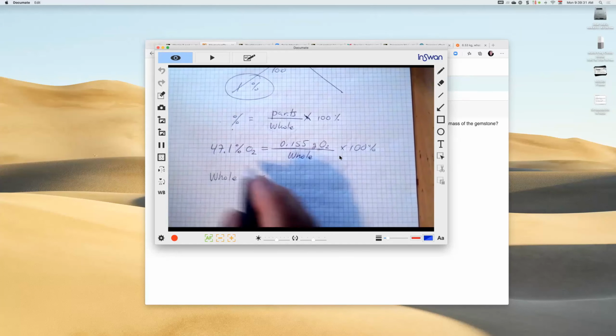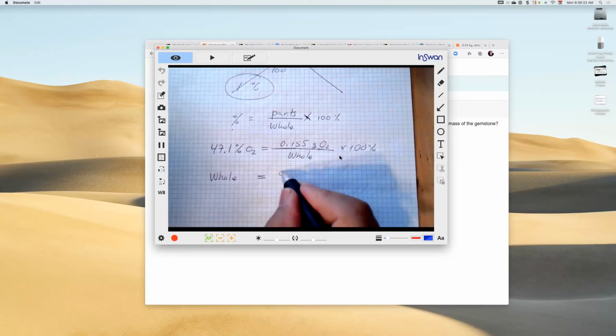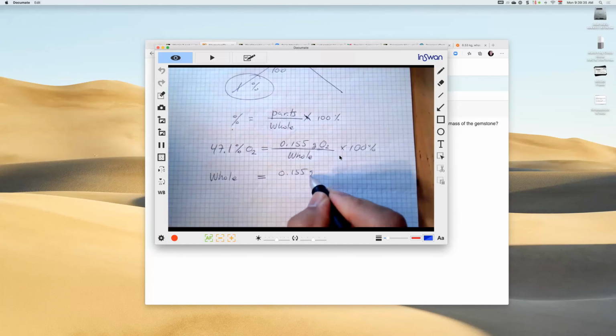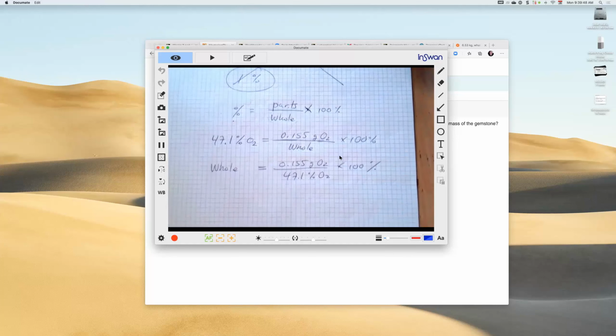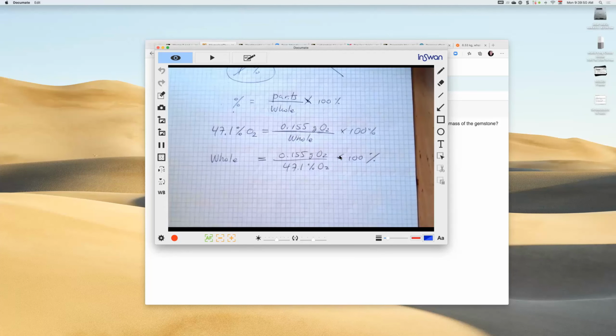So it becomes something like this. Whole equals 0.155 grams of oxygen divided by 47.1% oxygen times 100%. So that's my rearranged formula according to my algebra.